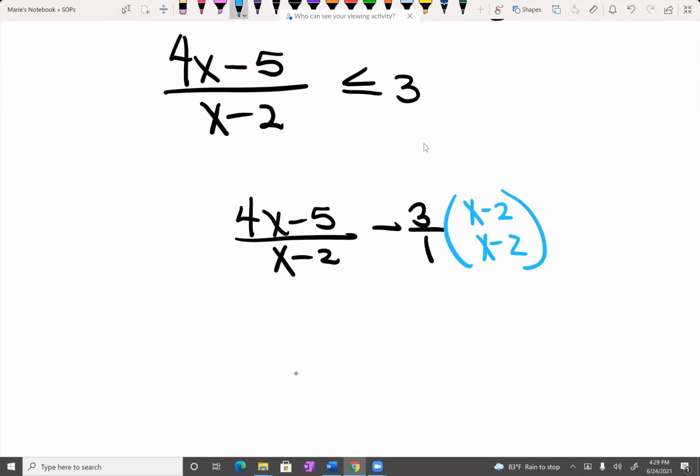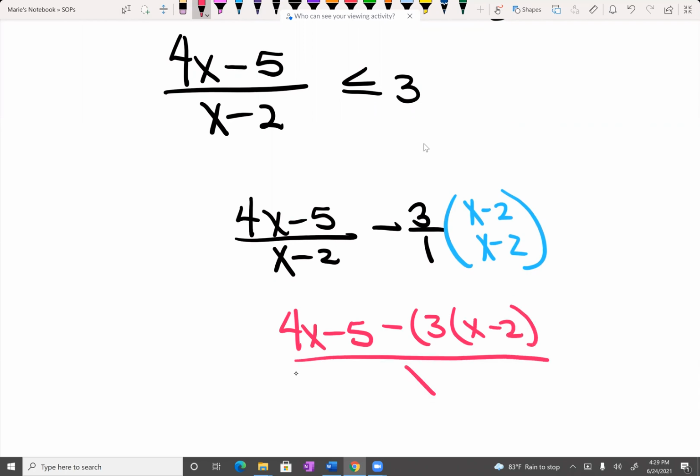So now you have a new equation, which reads 4x minus 5 minus 3 parentheses x minus 2, and all of this is over x minus 2. And no, you do not simplify it. Now, this is still less than or equal to 0 at this point.